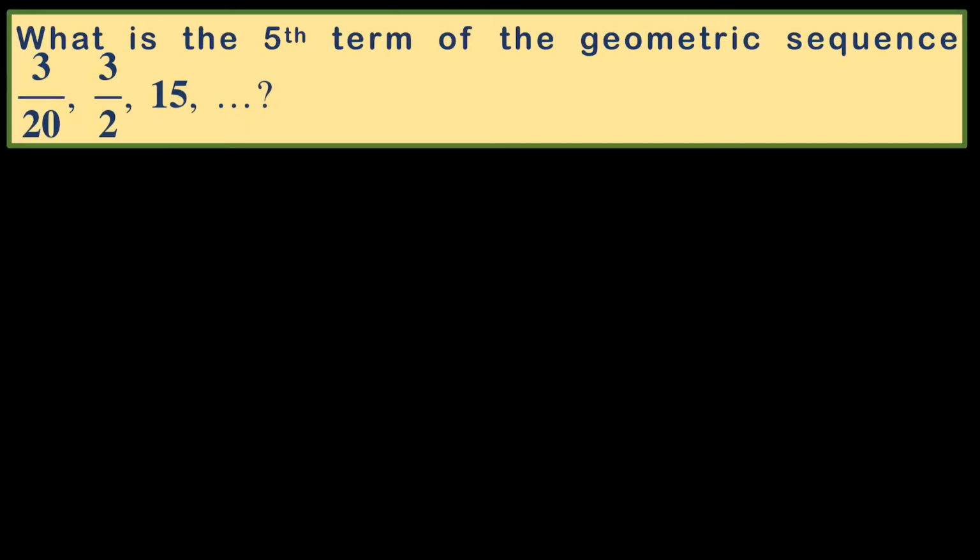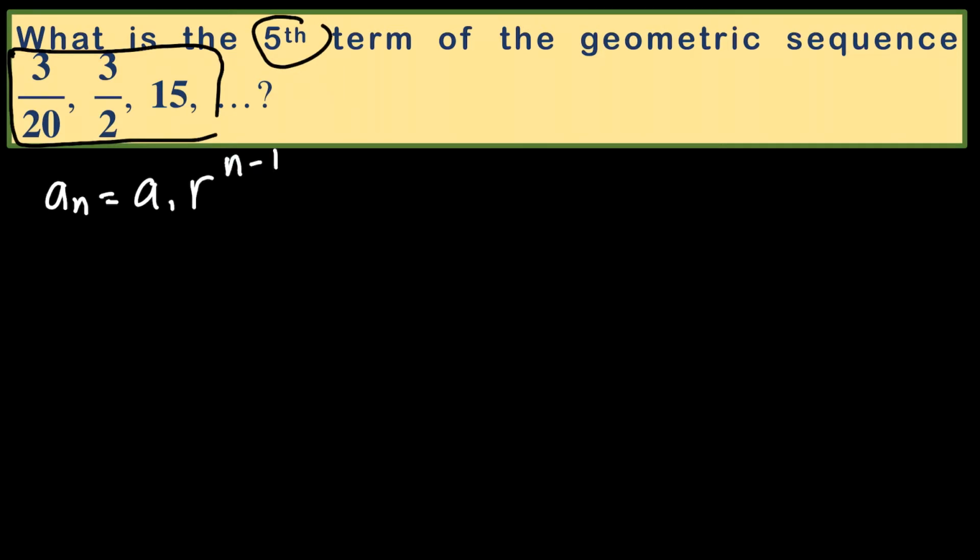Let's have the first example. What is the fifth term of the geometric sequence 3 over 20, 3 over 2, 15, and so on? To solve for the fifth term, we're going to use the formula a sub n equals a sub 1 times r raised to n minus 1.